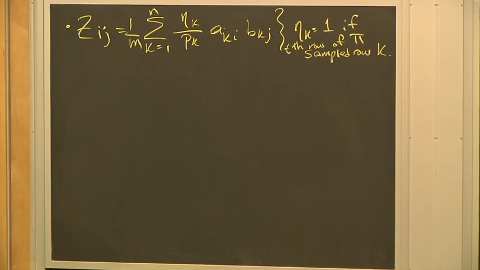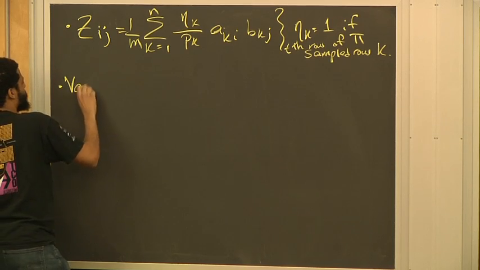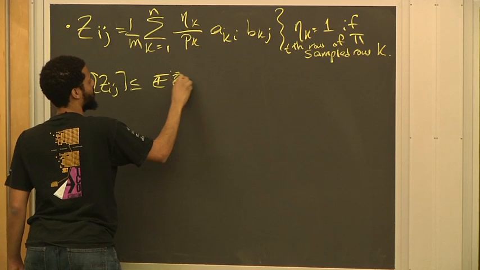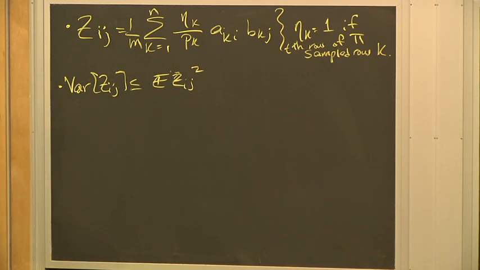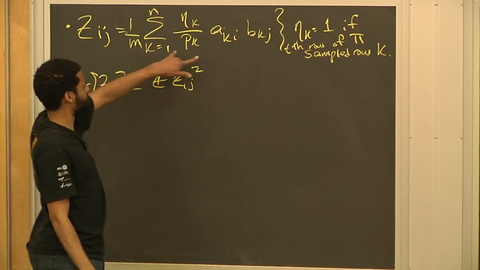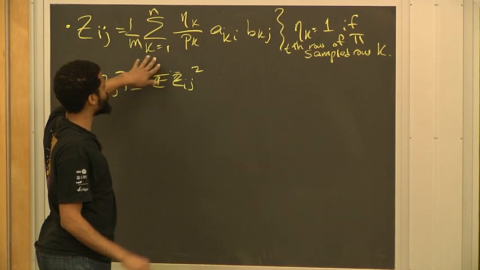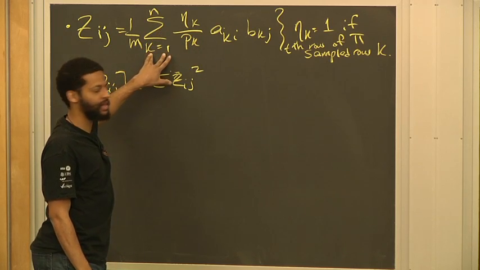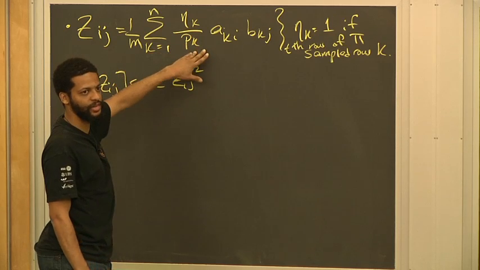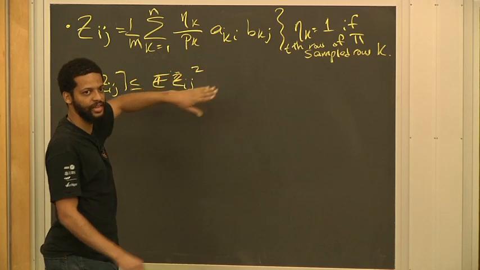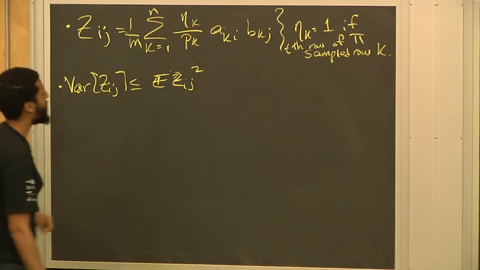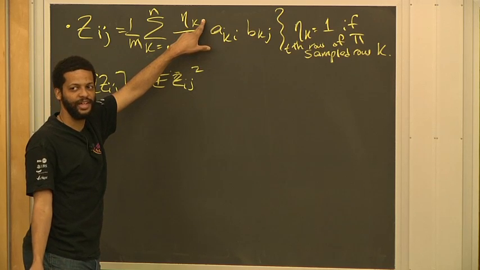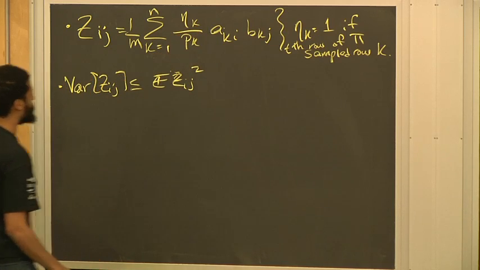Now notice that the variance of Zij is at most the expectation of Zij squared. If you expand the square, you have some terms that chose the same k twice, and some terms that chose a different k in the first and second factors, the off diagonals. In the off diagonals, eta k times eta k prime is always 0, because you're only sampling one guy. So the diagonal terms are the ones that matter.